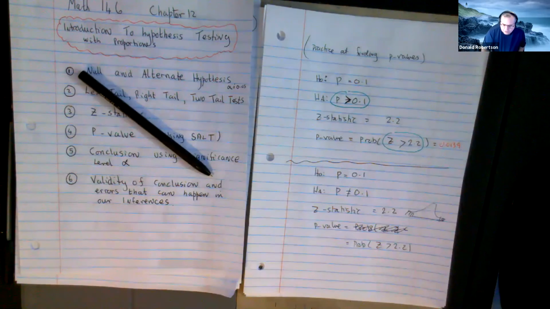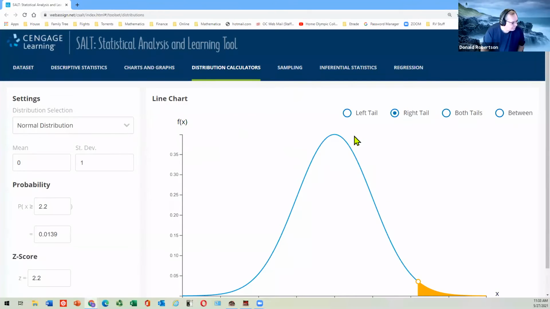So let's show you how you do that using salt. And it's going to look very similar to what I just did. So are you hopefully looking at the salt? Now, this one was a not equal to, wasn't it? I know that this Z score was big, so that's why I went right-handed and got a bit confused with myself.